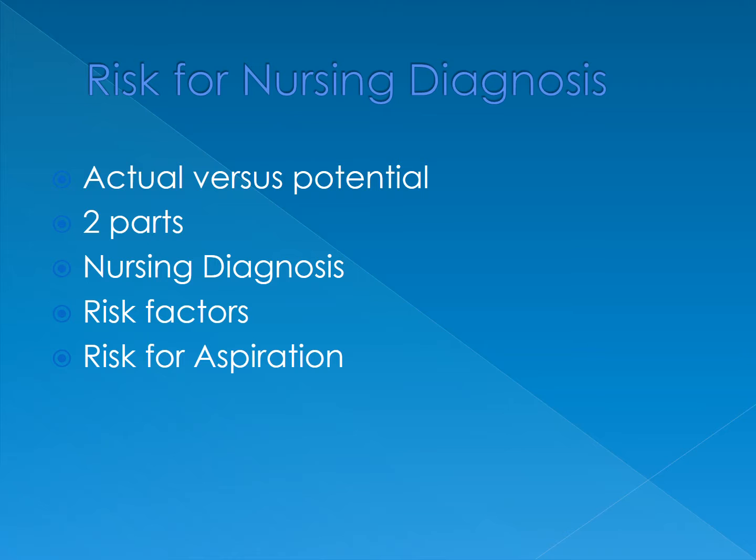So I would list everything that would be appropriate to my patient. And so risk for aspiration is a good one to look at, but there's a lot of other ones that we can do risk for, and you need to list what are the risk factors that you think could make this move from a potential problem to an actual problem.